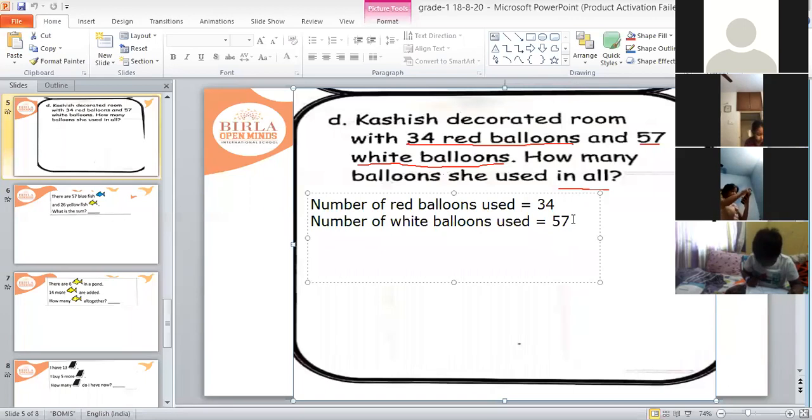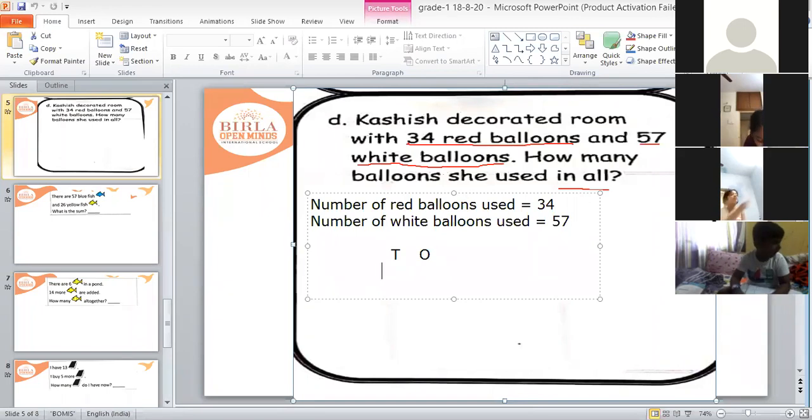Now we have Veda, look at your screen and start writing, Veda. Okay. So now you can see you have two digit numbers here. One is 34 and next is 57. So now you have to arrange these two numbers in tens and ones form. So this T stands for tens and O stands for ones, right?